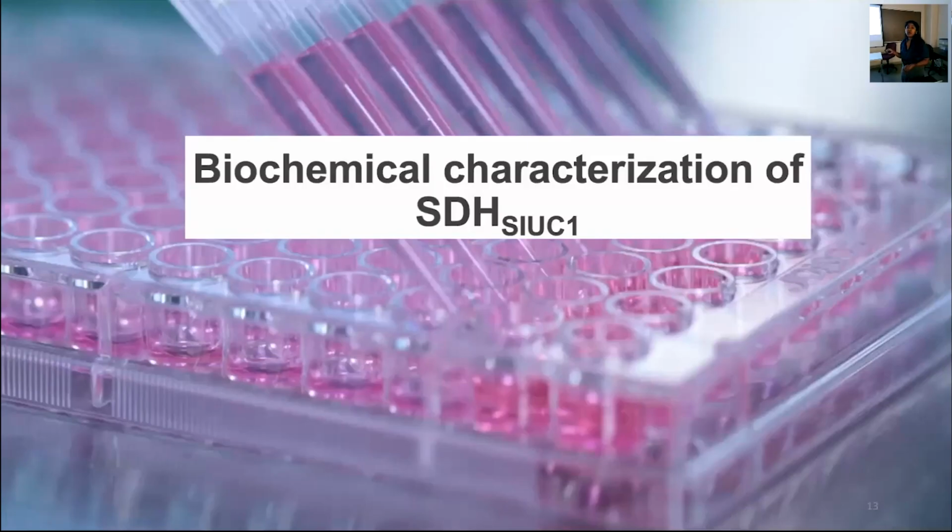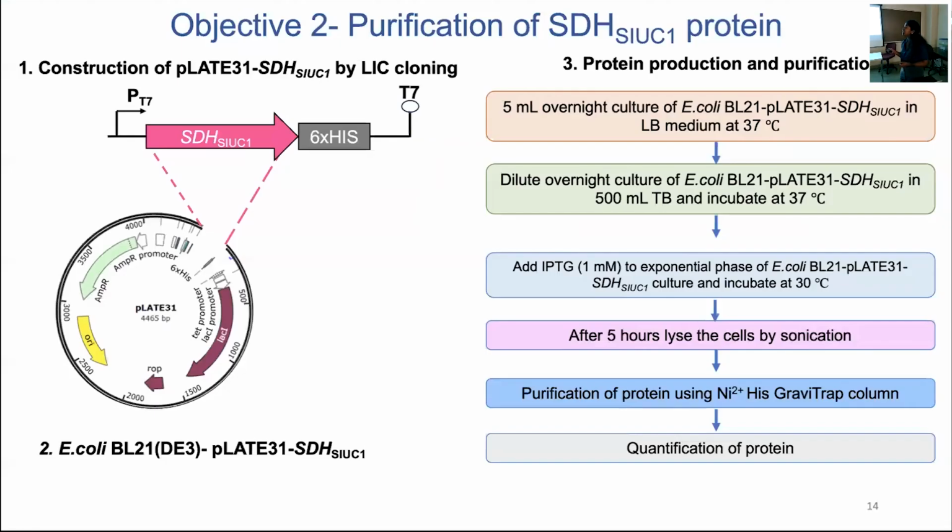So next, I'm moving on to talk about the biochemical characteristics of this enzyme. First of all, we needed to have the purified protein to do this. To purify the protein, we constructed this plasmid, which is pLATE31 STH-SiUC1, using LIC cloning. After that, we transformed this plasmid into E. coli BL21.